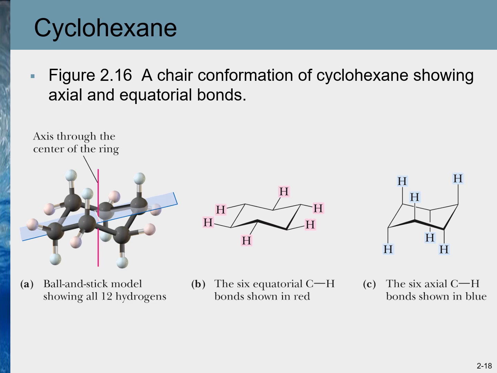If we imagine the plane of carbon atoms as represented here, then the hydrogens which are above the plane and below the plane, represented by blue spheres or blue hydrogens, are called axial, and the hydrogens which are roughly parallel to the plane are called equatorial.